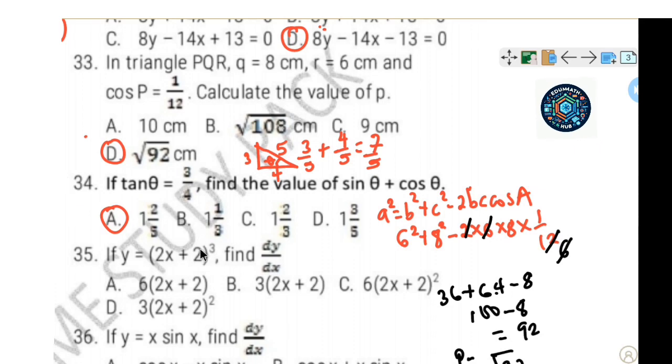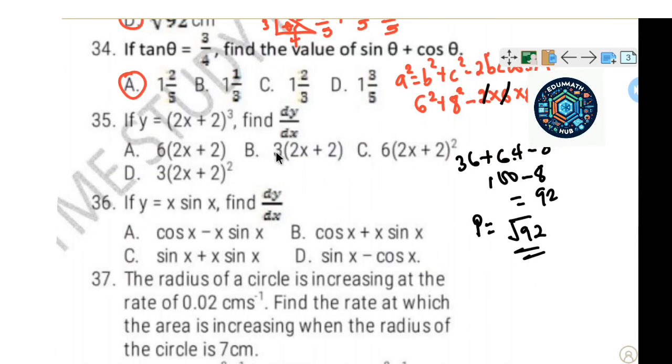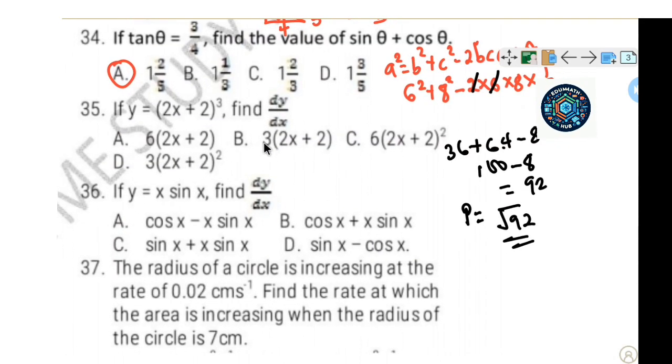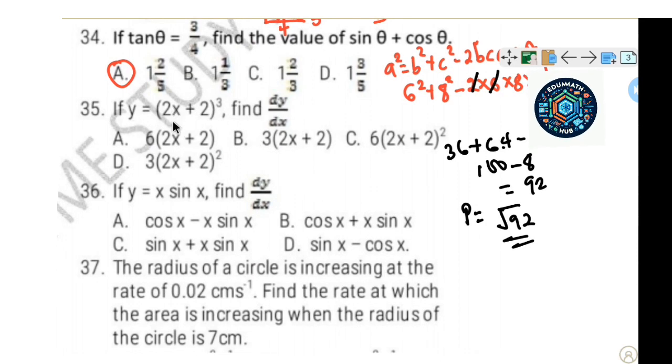So the next one, number 35: if y equals 2x plus 2 raised to power 3, you have to find dy/dx. This is differentiation.